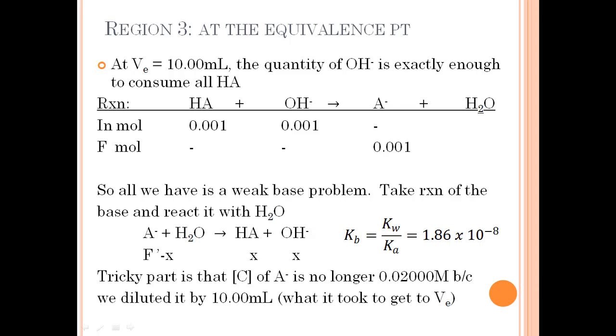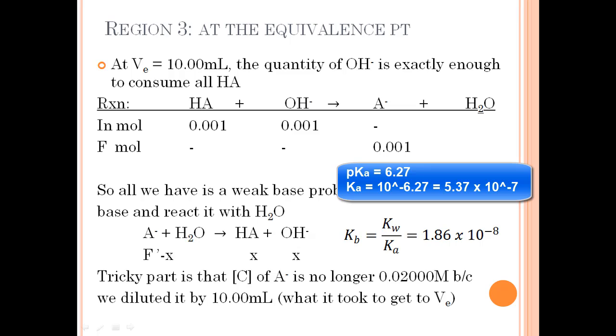But remembering now that since this is a weak base, you have to convert that Ka to Kb. If you take your pKa, which was 6.27, you convert that to Ka by raising 10 to the negative 6.27, that'll give you 5.37 times 10 to the negative 7th. But then if you convert that to Kb, you should get what you see on the screen here, 1.86 times 10 to the negative 8th.